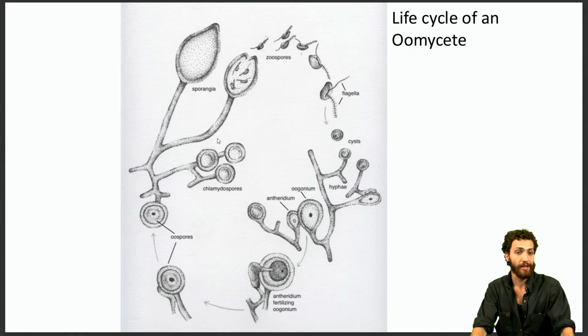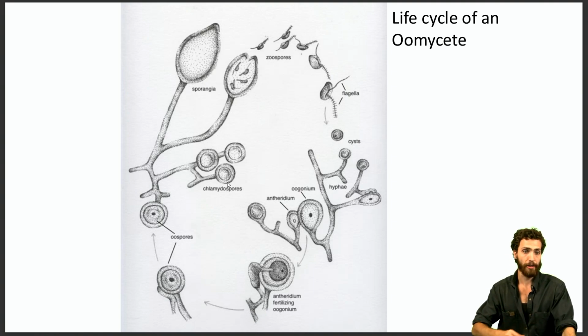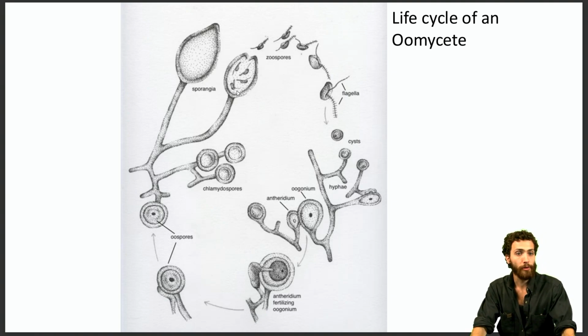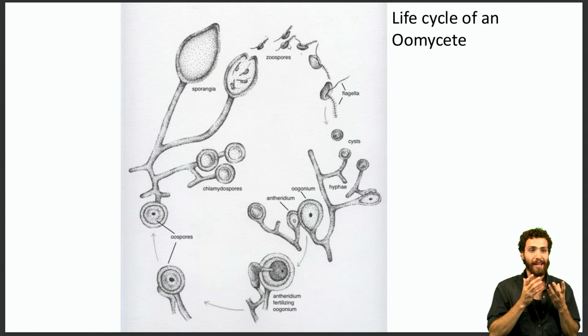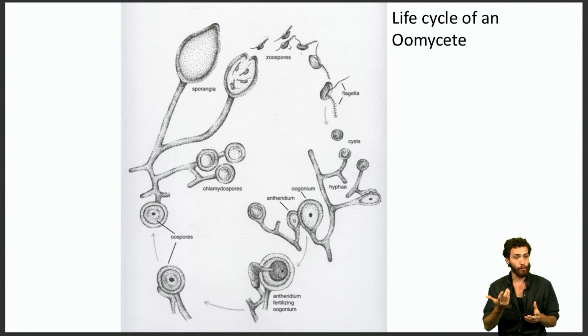So chlamydospores are a type of asexual propagule, mitotically produced, and they will also produce sporangia. Sporangia house zoospores. Sporangia are also sometimes called zoosporangia. They house zoospores, which are these flagellated, motile, asexually produced spores that are distinct in Oomycetes.